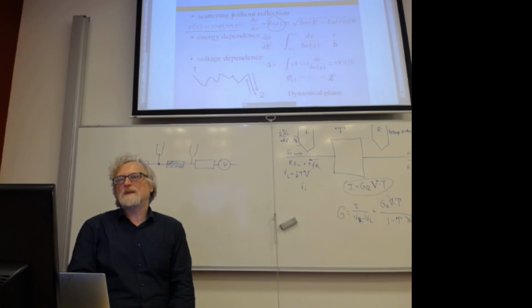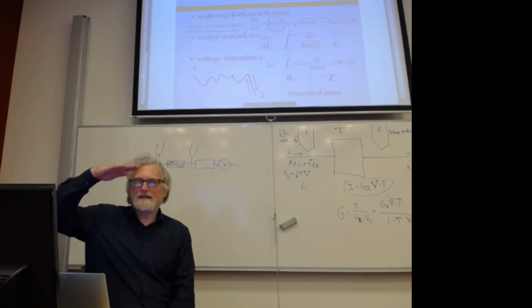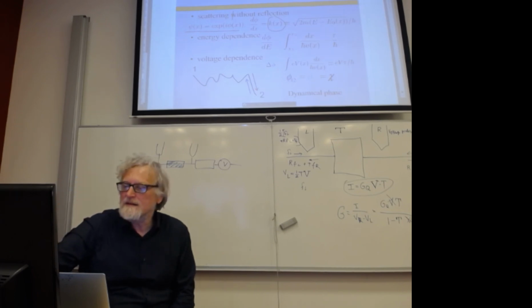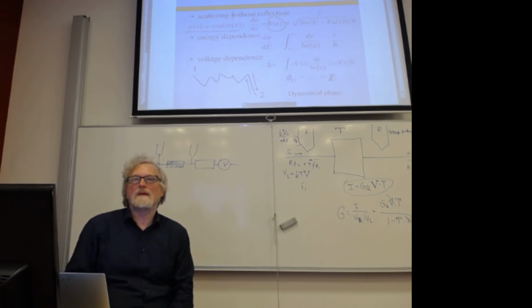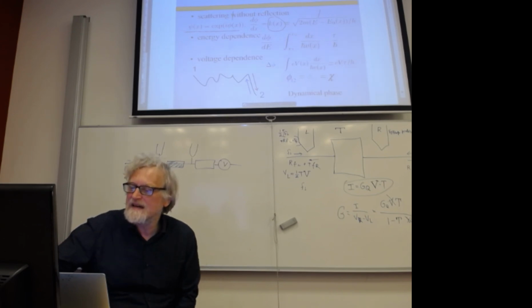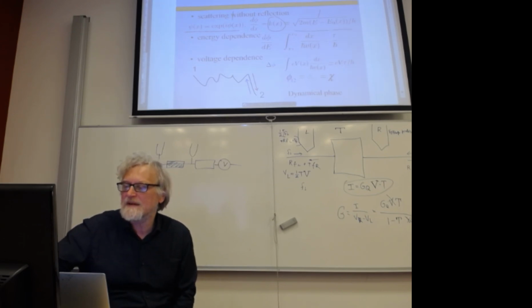This wave vector depends on x because the particle is at the same energy E. But K is associated with kinetic energy, so it has different kinetic energy at different points. That's why this K is given by this formula.